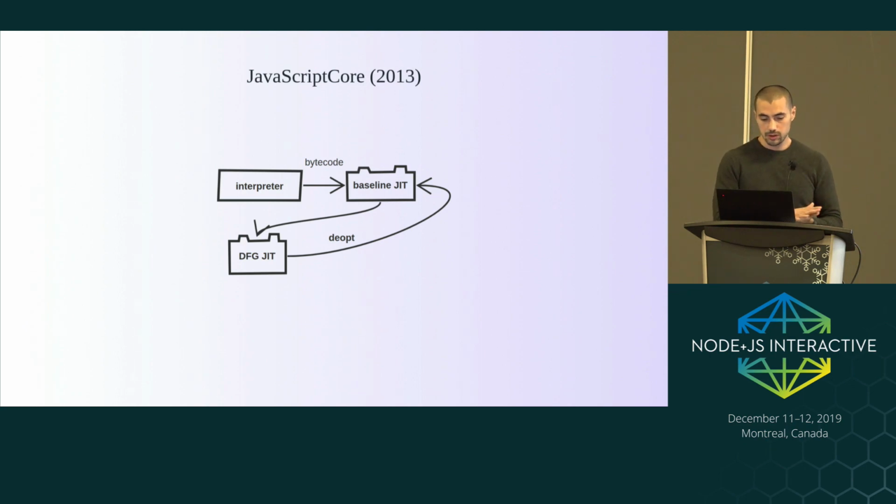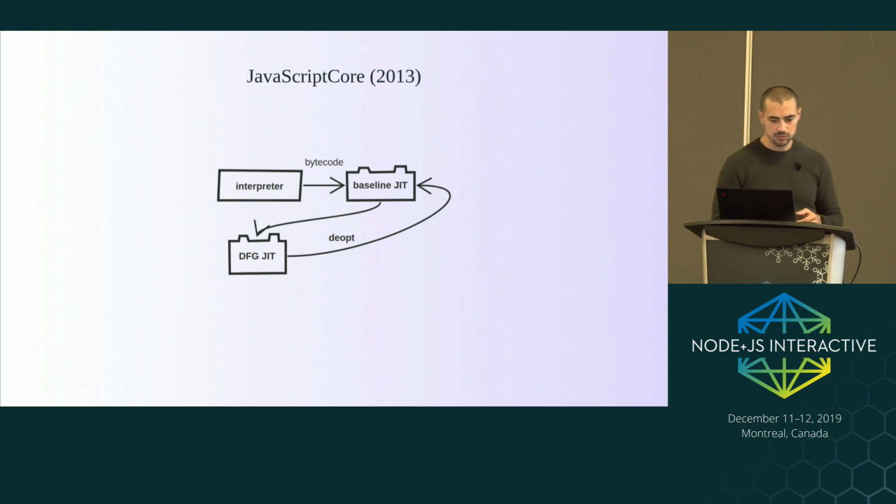JavaScriptCore is another of the engines that changed during this time, but they didn't change it drastically. They introduced the second compiler around 2009, 2010, which is DFG, which stands for Data Flow Graph just-in-time compiler.